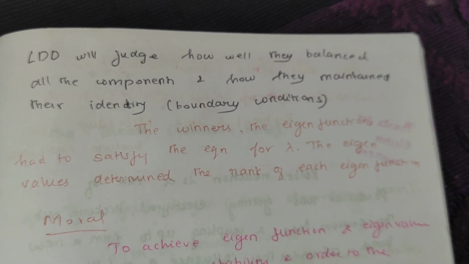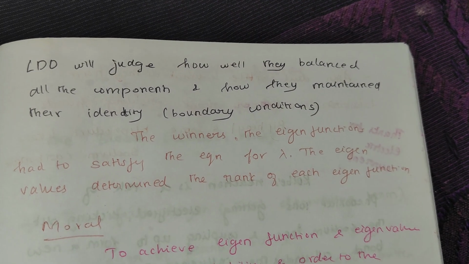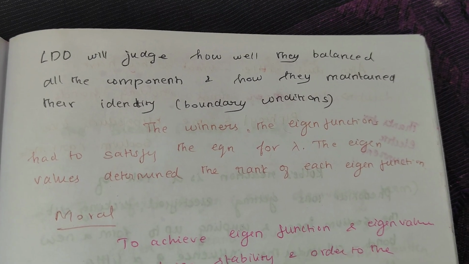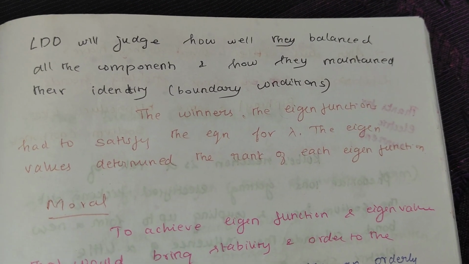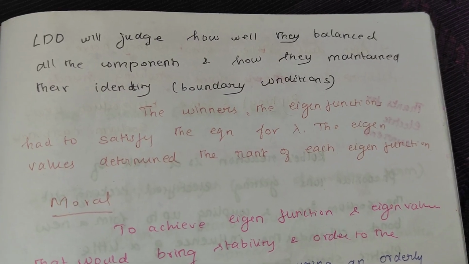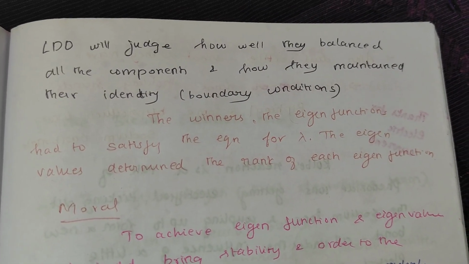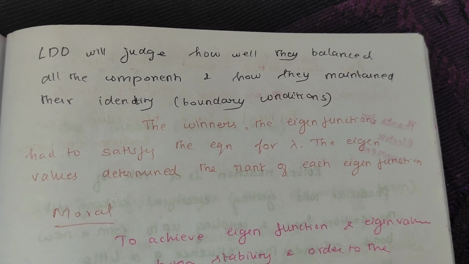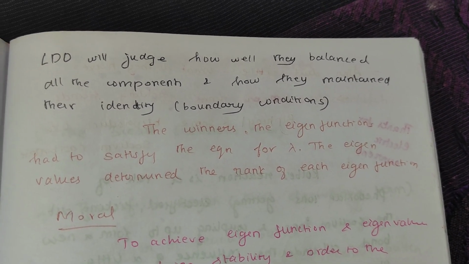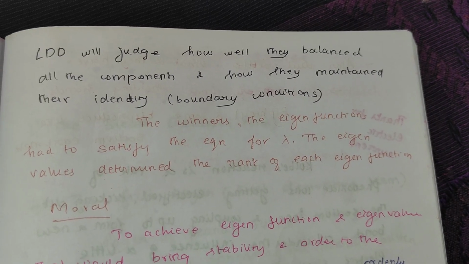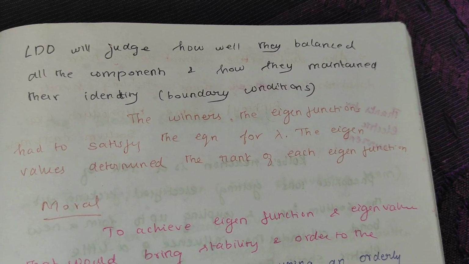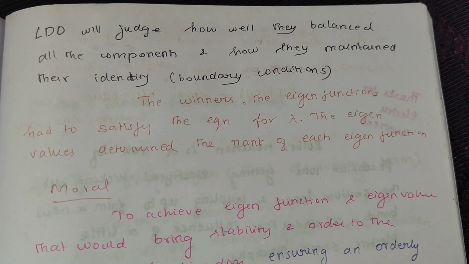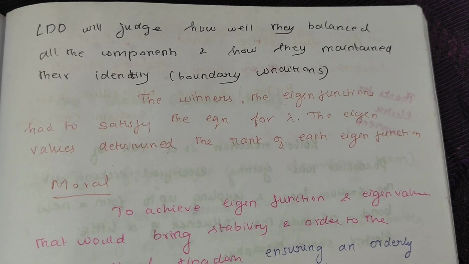The eigenvalues determine the rank of each eigenfunction. So basically we are here to find the value of lambda. The winners, the eigenfunctions, had to satisfy the equation for lambda. What do eigenvalues represent? The rank of the eigenfunction.